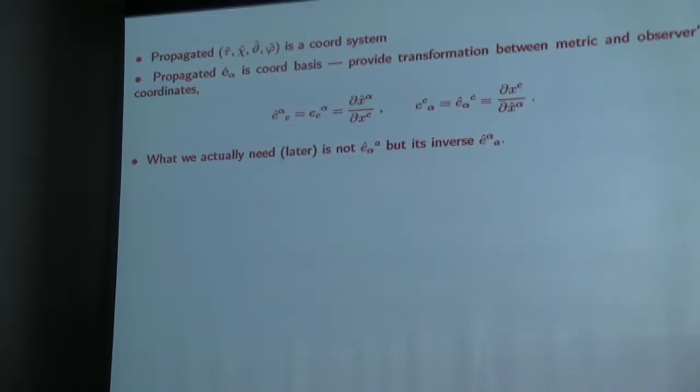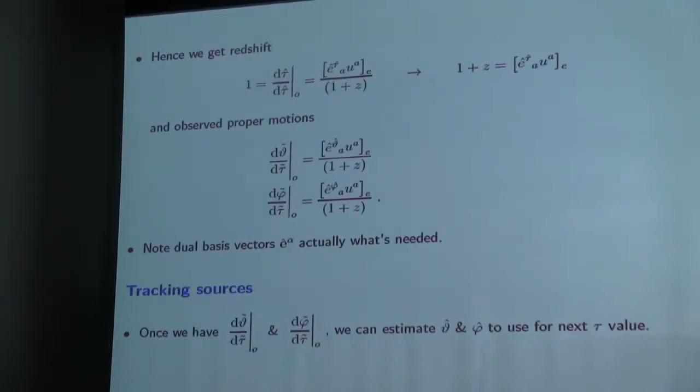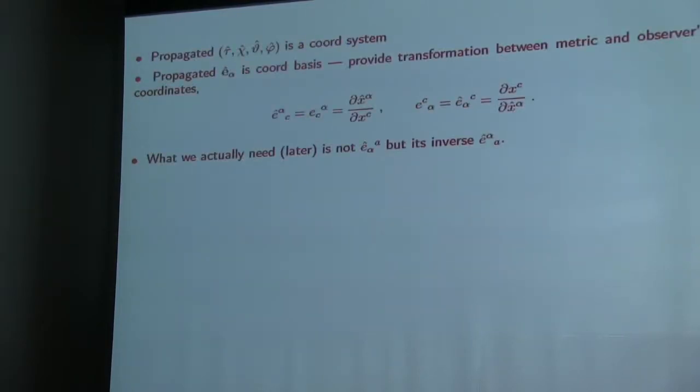And therefore we can transform between the local metric, the given metric in the vicinity of an emitter, and the propagated basis. However, it turns out that although this is the thing that we've been propagating, we need the inverse basis vector to do many of the calculations. That's just the matrix inverse problem.